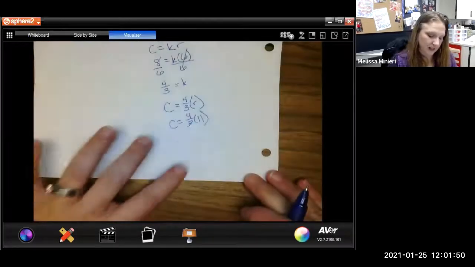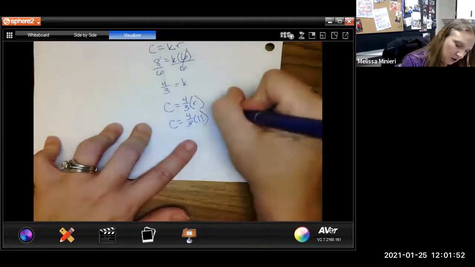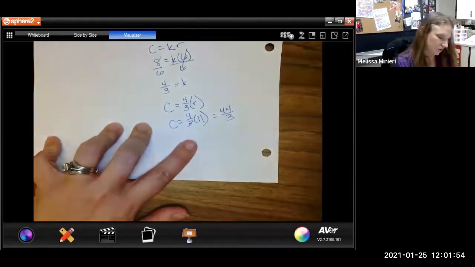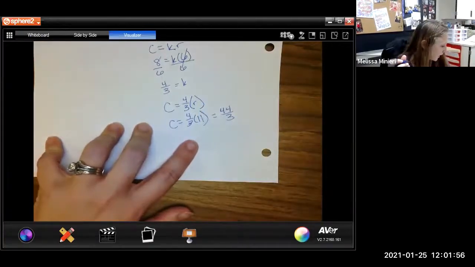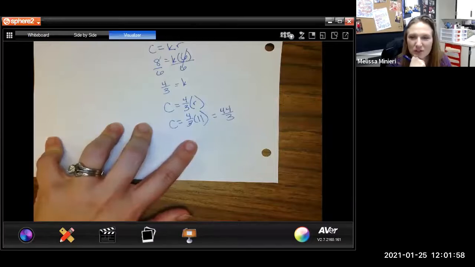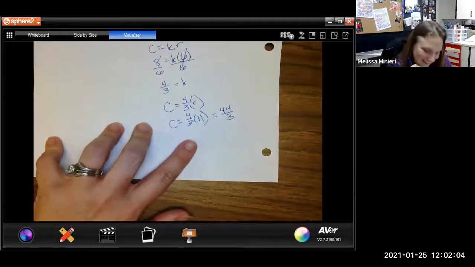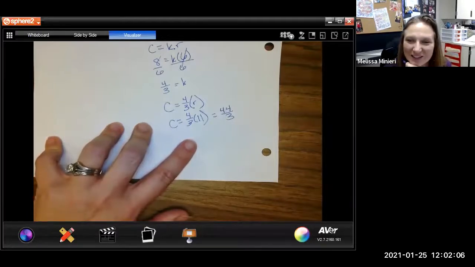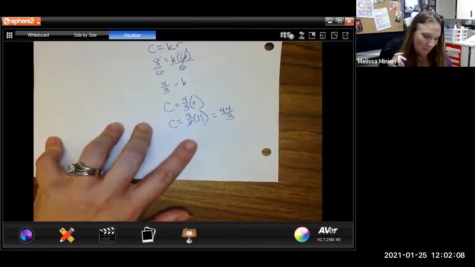So 4/3 times 11 is 44/3. And how much should it cost? I probably shouldn't say that'll be 44 over $3, ma'am. I probably should write this answer as a decimal considering it's talking about money.